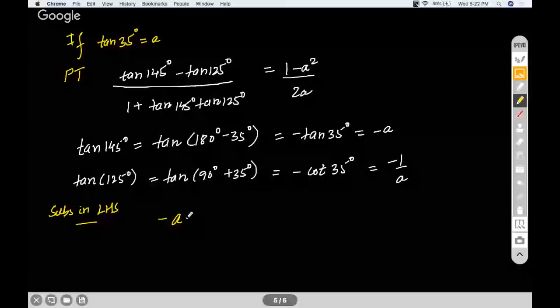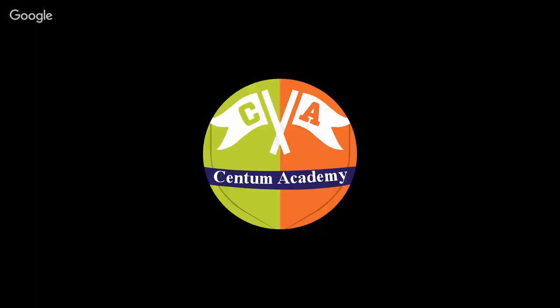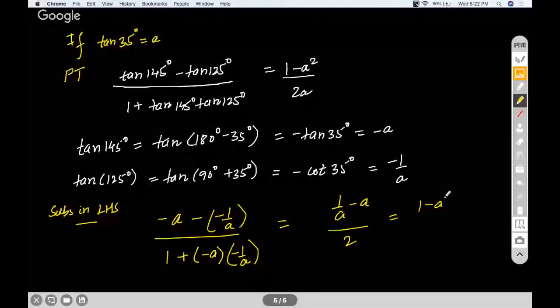Minus A minus of minus 1 by A divided by 1 plus the product. That's nothing but 1 minus A square upon 2A. That's equal to your right hand side.